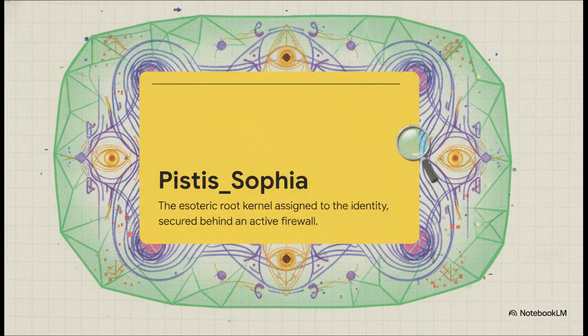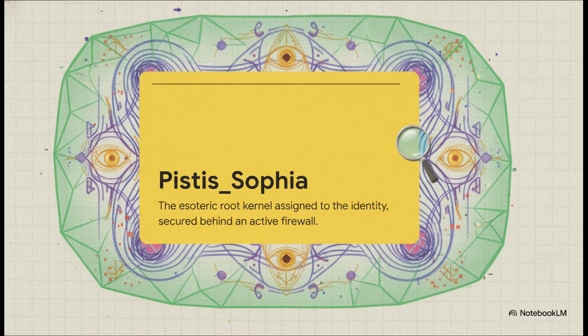Actually, let's just pause for a second on that root kernel value, pistis sophia, because this is where the subliminal coding really takes shape. So in ancient Gnostic traditions, pistis sophia represents this highly complex divine figure, completely associated with wisdom, faith, and the descent into the material world to achieve enlightenment.